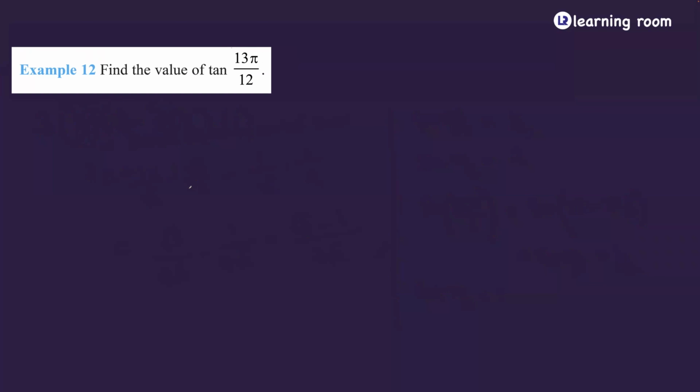Next, if you look at this question, find the value of tan 13 pi by 12. Tan 13 pi by 12 is equal to tan of, observe, the numerator is greater than the denominator. So 13 pi by 12 can be written as 12 pi plus pi divided by 12.